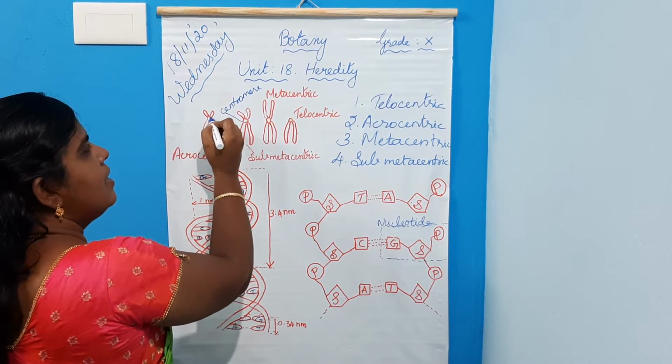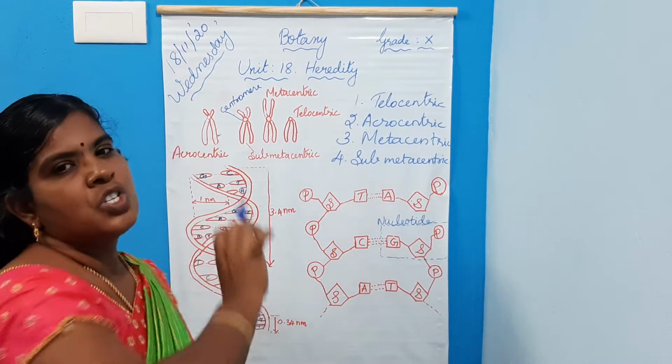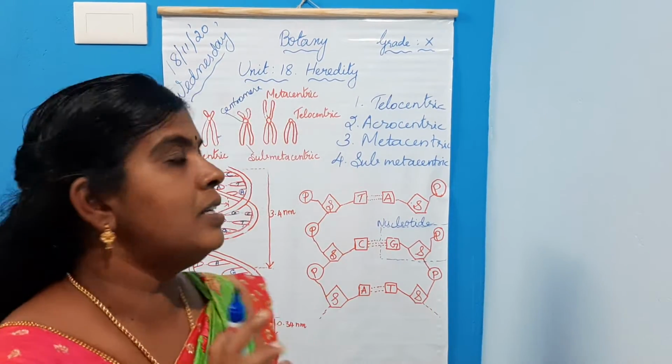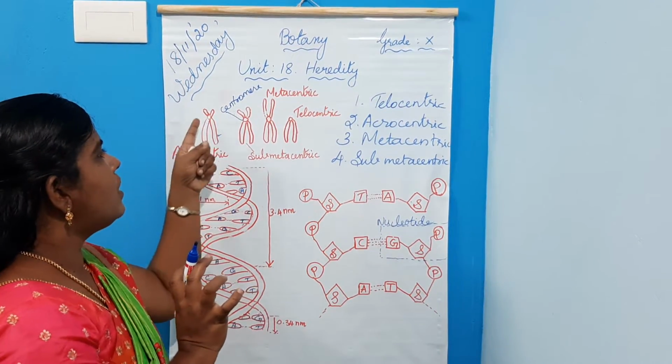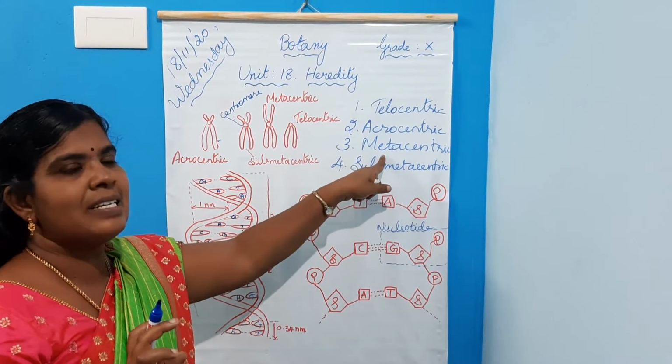These chromosomes have short and long arms. Centromere is here.